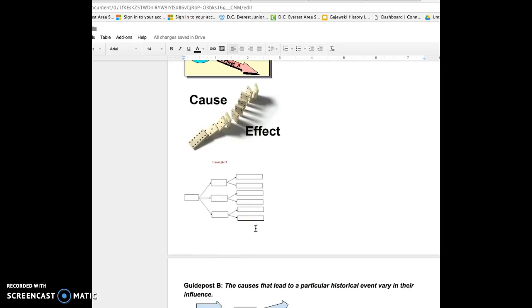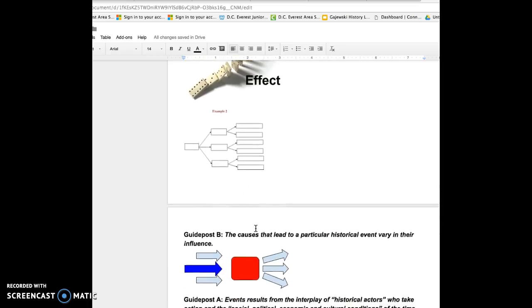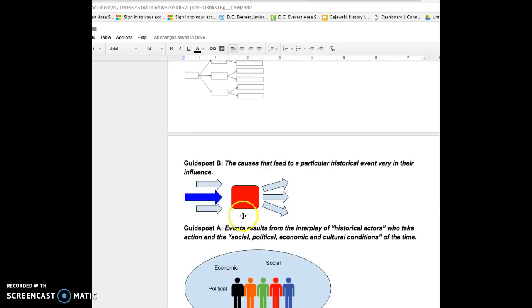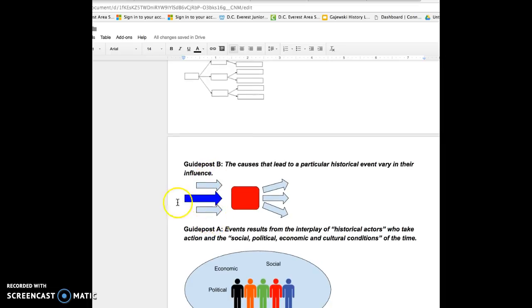Again, kind of looking at how complex cause and effect could be. Multiple causes, multiple effects. Another guidepost is that sometimes the causes can vary. Sometimes one is much more important. Yes, there's multiple causes, but 1 or 2 of them might be the main things that caused it.